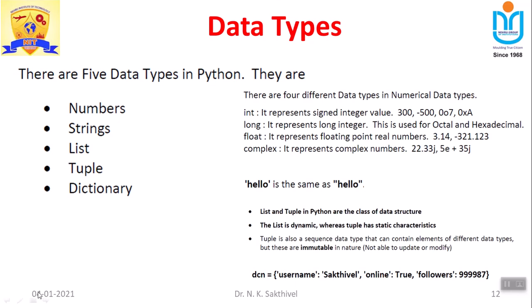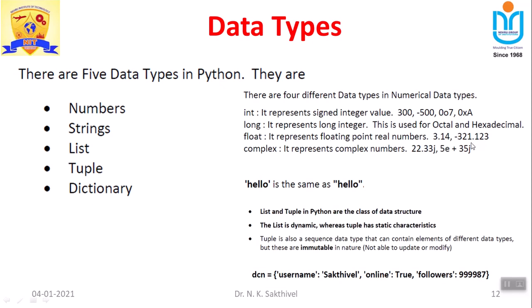So what are numbers? There are 3 types of numbers, called numerical numbers. One is called integer value, which we can assign like this, and another is long integer values. If you want to use octal numbers and hexadecimal numbers, we can use them. Next one is the float, for example 3.14, a floating number.